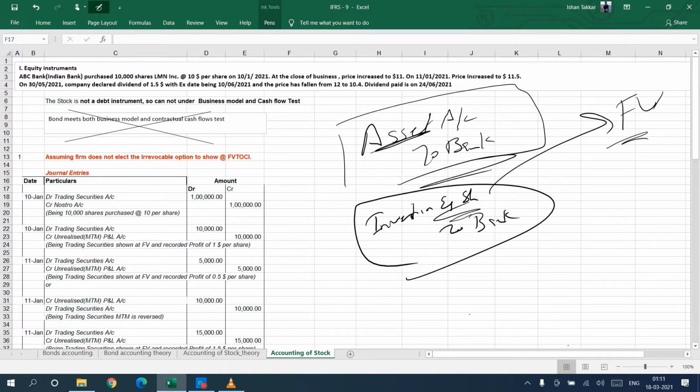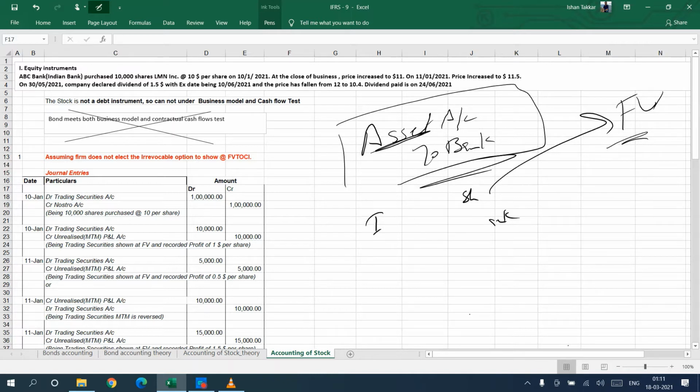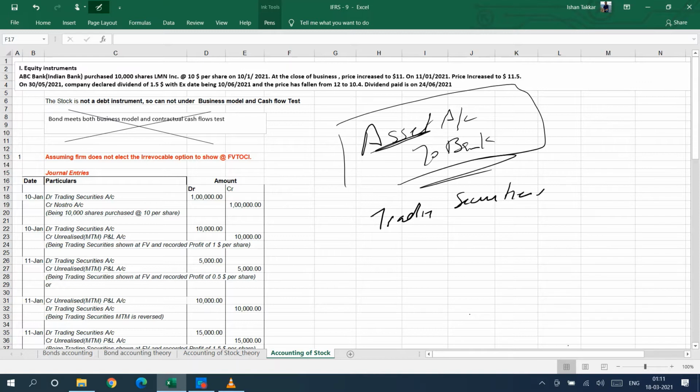But in the case of a bank, especially an investment bank, they open a particular account for the securities they trade in, and they call it the trading securities account. So they debit that account. They make a pool, you can say, and all the investments or securities they purchase, they keep debiting that account.